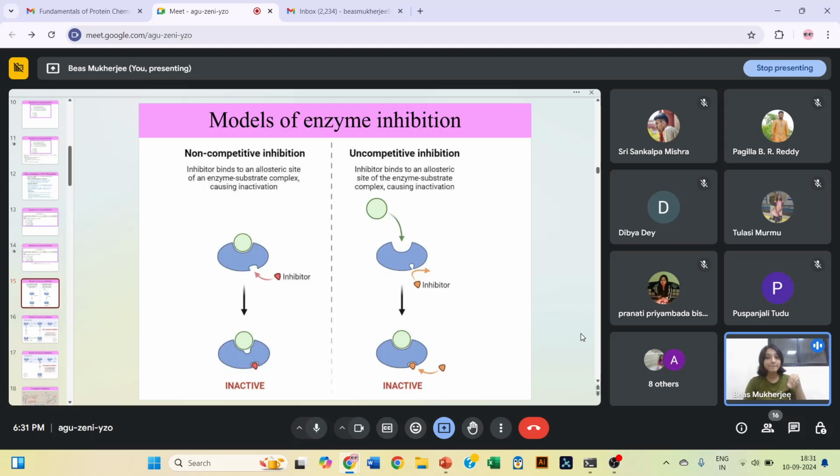Okay, so what happens in competitive inhibition? Competitive inhibition is very simple. The inhibitor looks similar to the substrate. The inhibitor comes and binds to the substrate binding site of the enzyme. But what happens if the inhibitor is not binding to the substrate binding site, but is binding to a different site? So what happens is non-competitive inhibition.